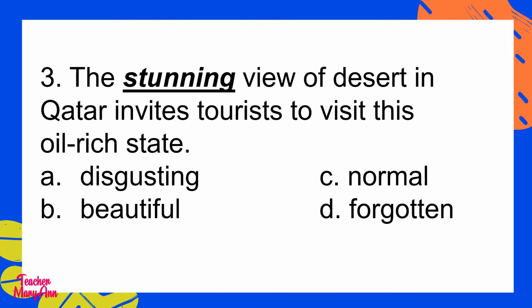Number 3. The stunning view of desert in Qatar invites tourists to visit this oil-rich state. What do you mean by the word stunning? A. Disgusting. B. Beautiful. C. Normal. D. Forgotten.